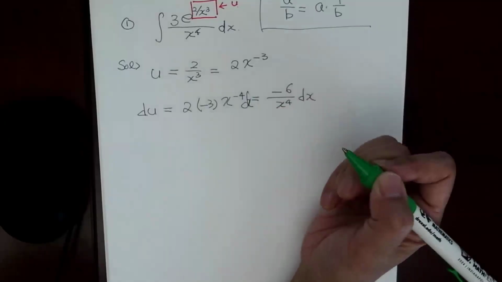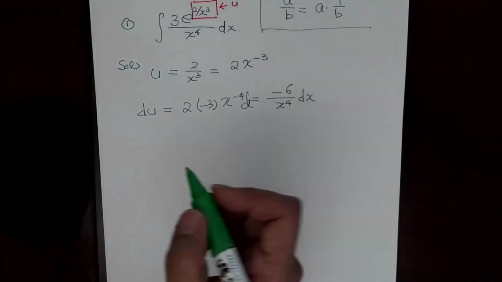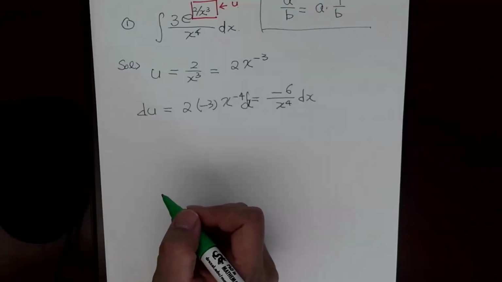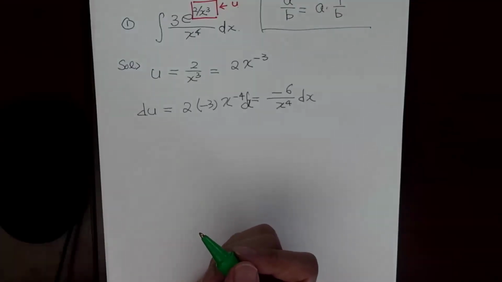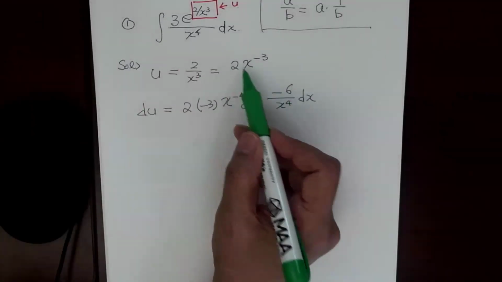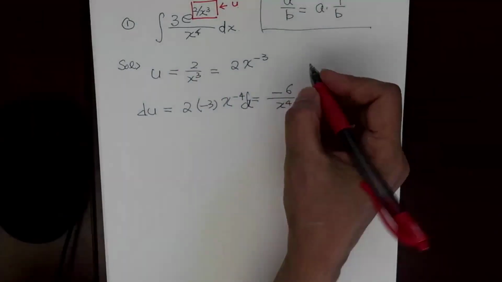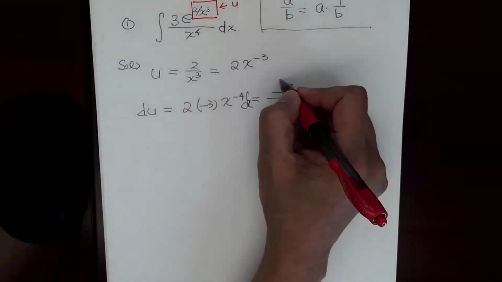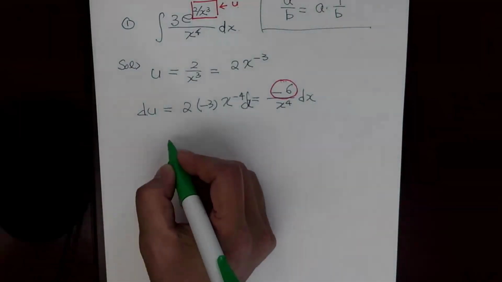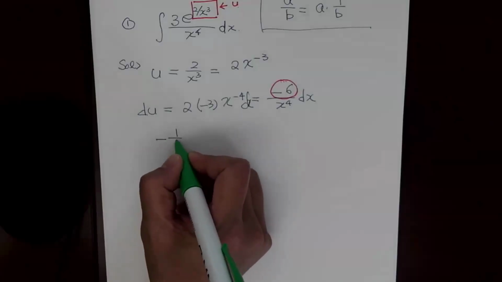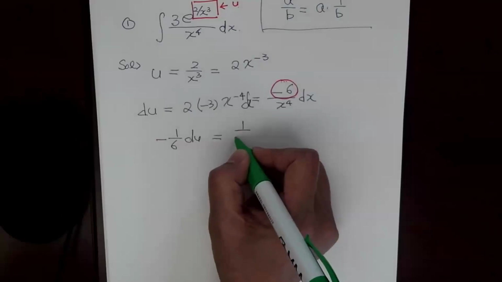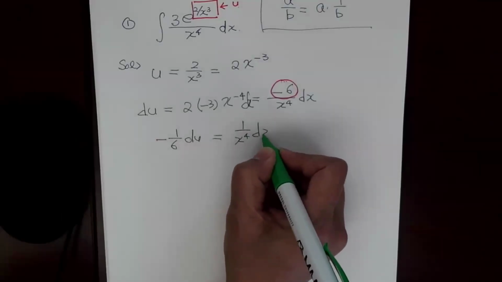I dropped the x here. So just the numbers are different. So what I want to do is get rid of this. So I can write it as negative 1 over 6 du equals 1 over x to the 4th power dx.